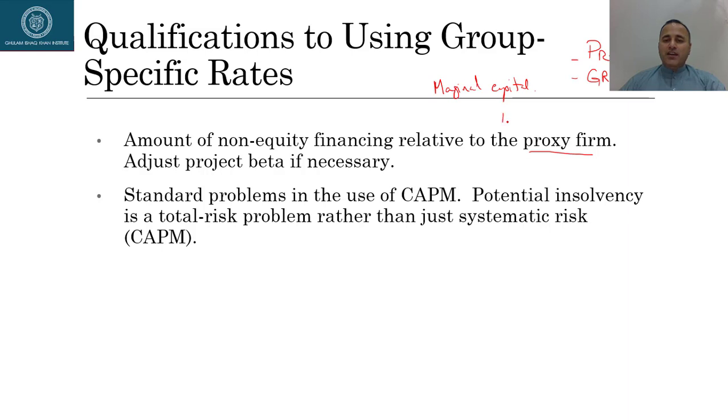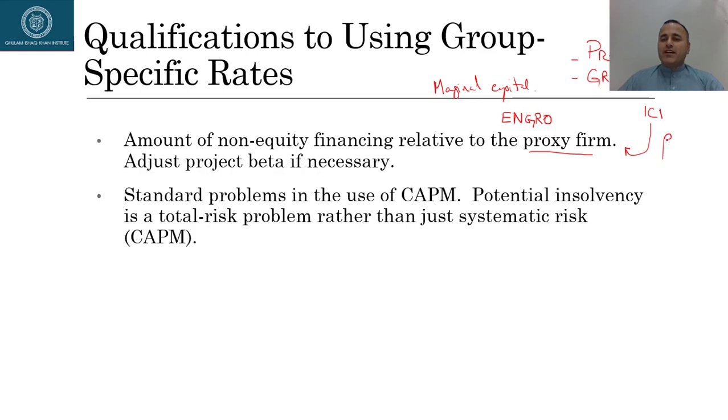Let's say I am evaluating a project for Engro, food business or chemical, and I'm using ICI, which is another company heavily engaged in chemicals. If I use ICI's beta, one of my assumptions was that it's all equity financing.